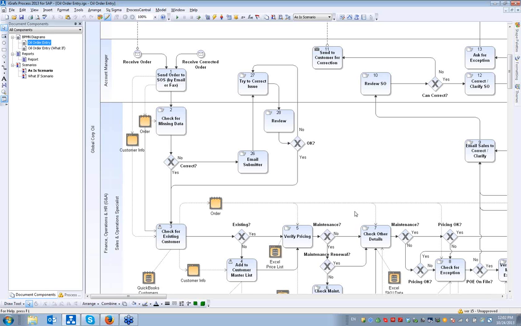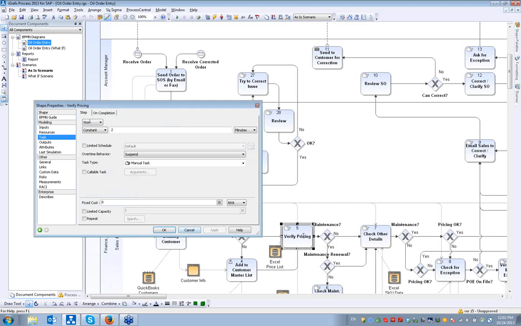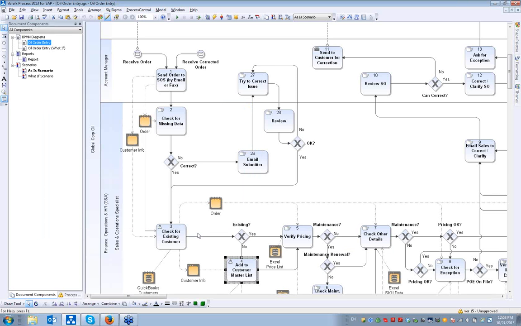As I showed earlier, the process has multiple issues regarding standardization, incomplete data, manual data entry, etc. Fortunately, Global Oil did capture enough metrics to enable a transformation project. For example, they know how long it takes for each one of these specific activities in the process. They've also captured the business and information flows through the process.